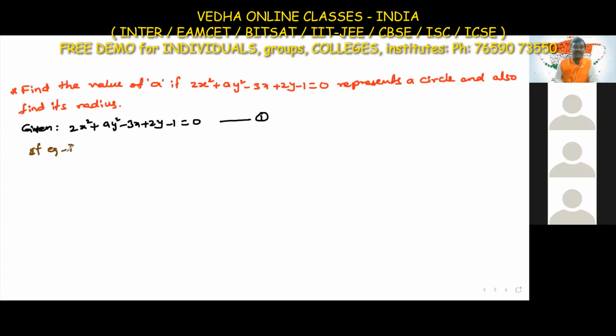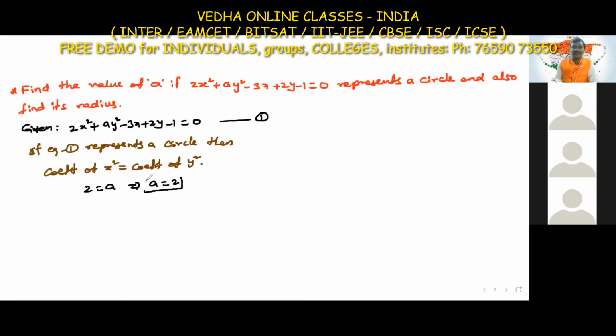If equation 1 represents a circle, then the formula is: coefficient of x square is equal to coefficient of y square. That means the x square coefficient 2 is equal to a. That means the value of a is equal to 2.